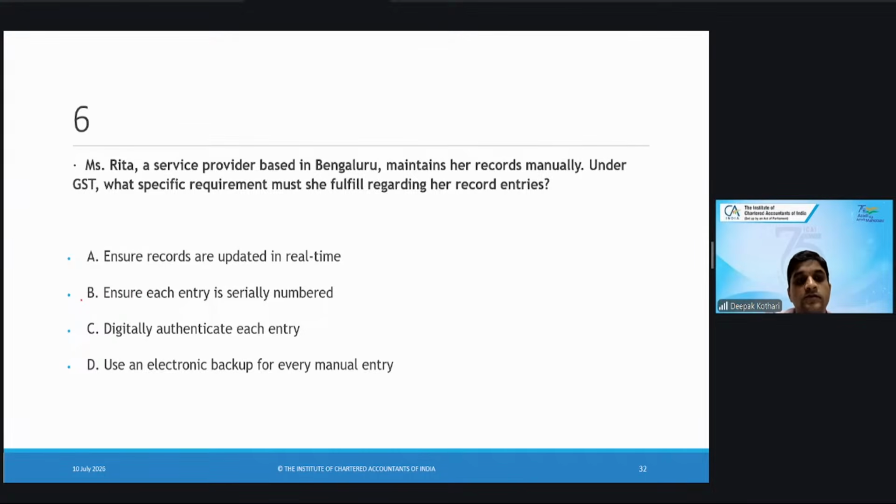Yes, 6B, ensure such entry is serially numbered.